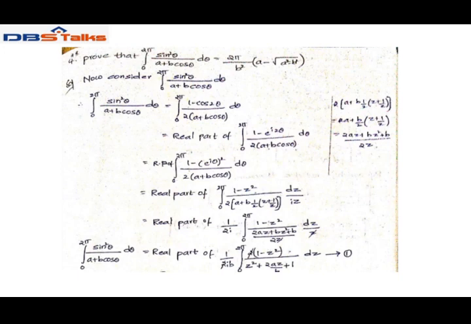Next, 1 minus z square by z square plus 2az by b plus 1 dz, that is real part of 1 by ib integral 0 to 2 pi 1 minus z square by z square plus 2az by b plus 1 dz. This is equation 1.